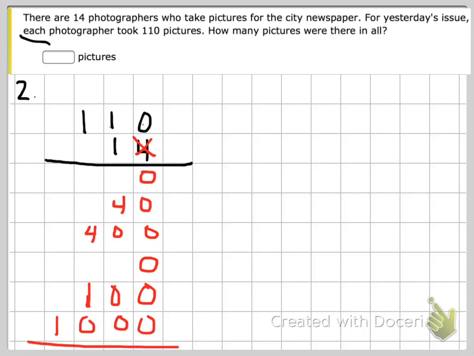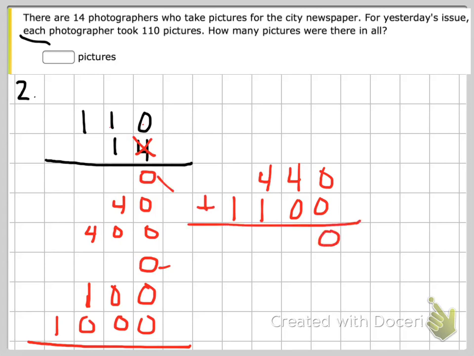I'm running out of room, but 40 plus 400 is 440, and then 100 plus 1,000 is 1,100. These 2 zeros don't really make a difference, so I'm just going to add that up, and that becomes 1,540 pictures.